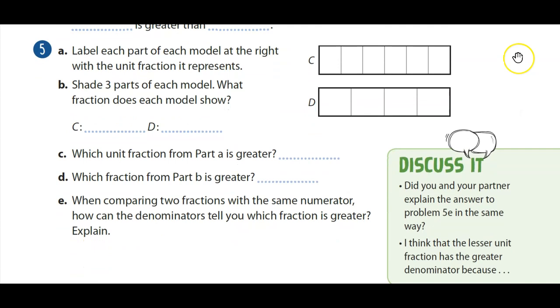Look at 3 now. It says label each part of each model at the right with the unit fraction. Unit fraction is just the fraction for each one of these, right? So what would be my unit fraction for C? 1/6.